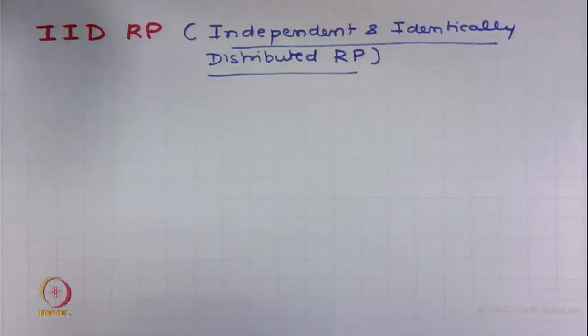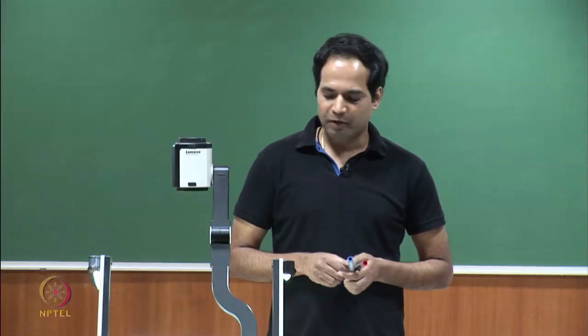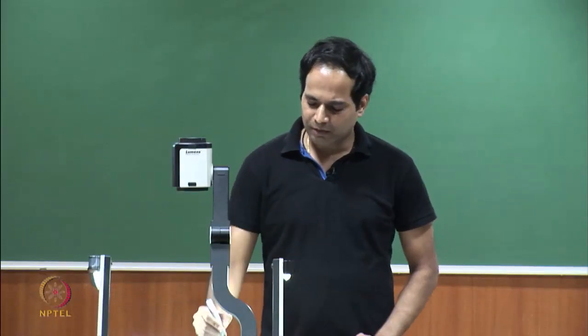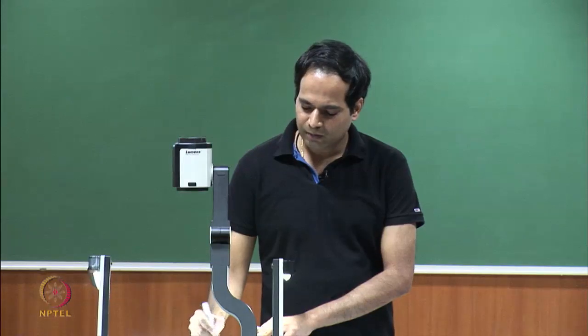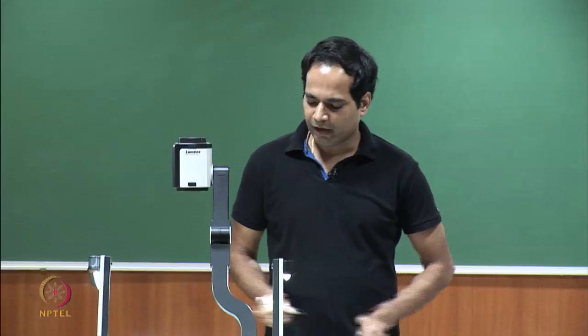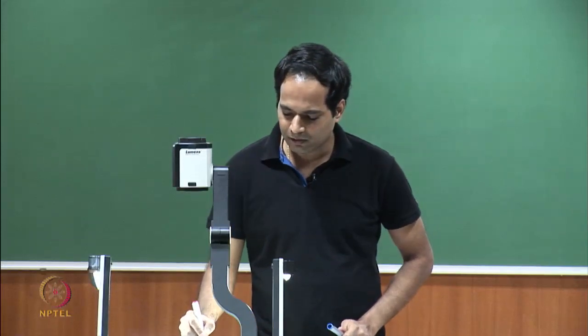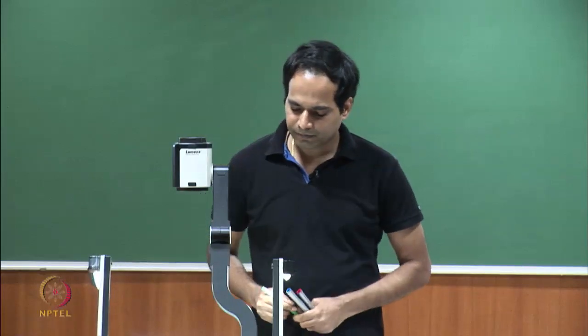So, let us try to understand what I mean by IID random process, and to understand that, let us do a small experiment. In this experiment, let us assume that you have a bag and this bag contains several balls. These balls are of different colors. So, you have blue balls, red balls, and let us say green balls.